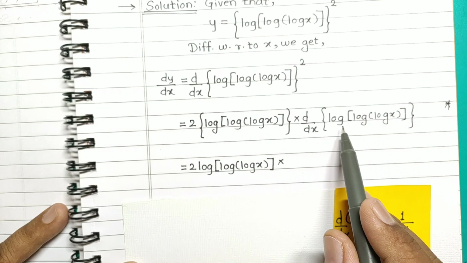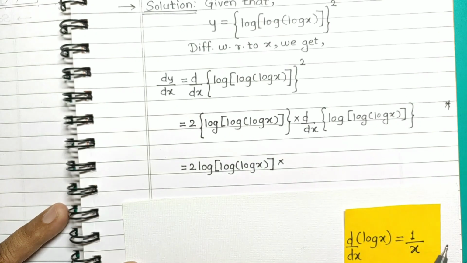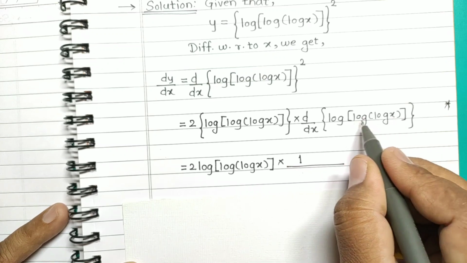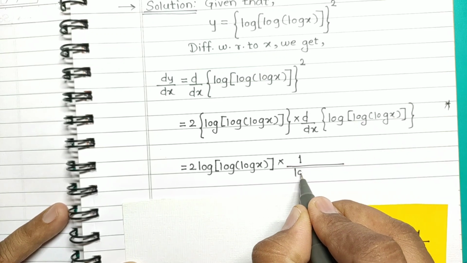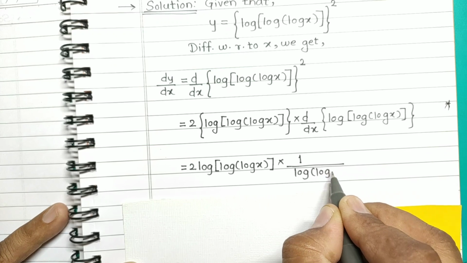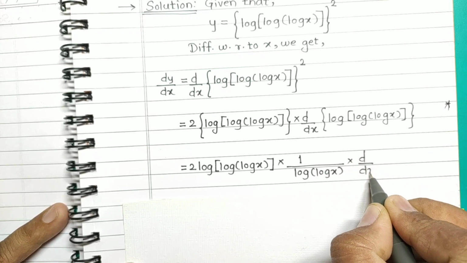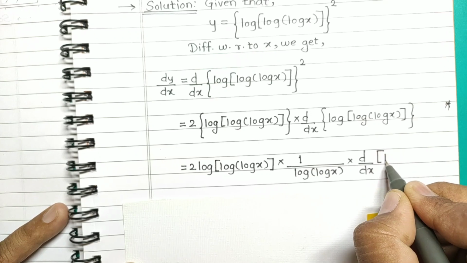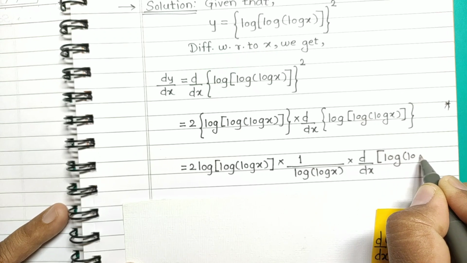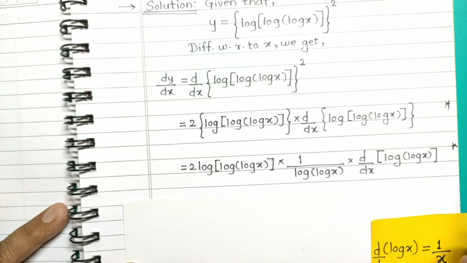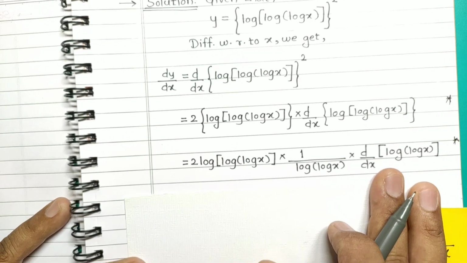So the derivative of log of something is 1 upon something, and that something function is this log of log x, into, by chain rule you multiply it by the derivative of that something function, which is log of log x. Again you note down this step properly. Again we have used chain rule here.